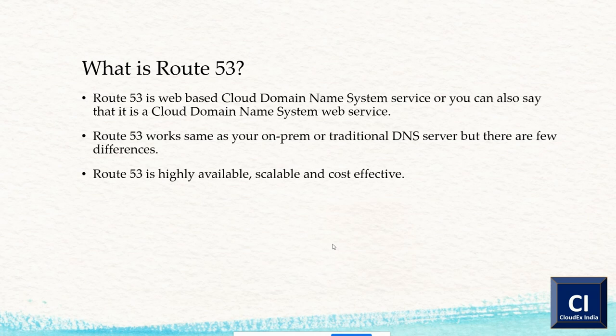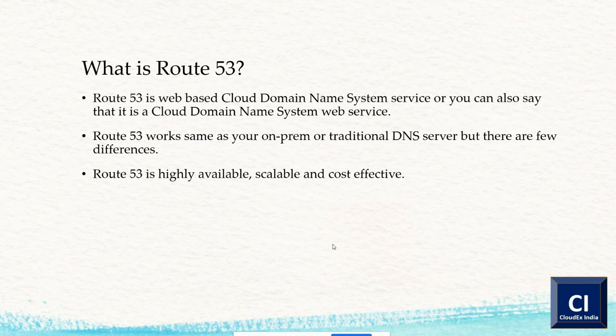Second, it's scalable. In case the demand increases, take an example: if there are 100 users using your Route 53, and in the back end maybe there is one DNS server, and the requests increase from 100 to 5,000 or more, it automatically scales a new server in the backend. Also, it is cost effective.